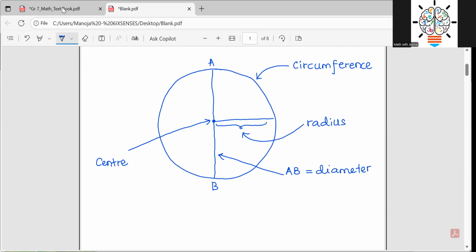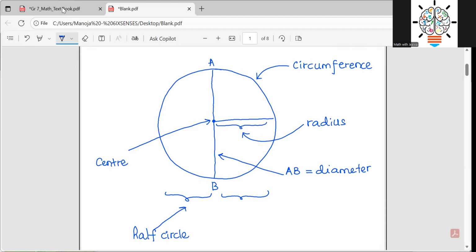Because of this diameter, children, you can see the circle splits exactly into two portions. One portion we call the half circle. So what is the diameter? It is the line we draw across the center from one particular point on the circumference to another.